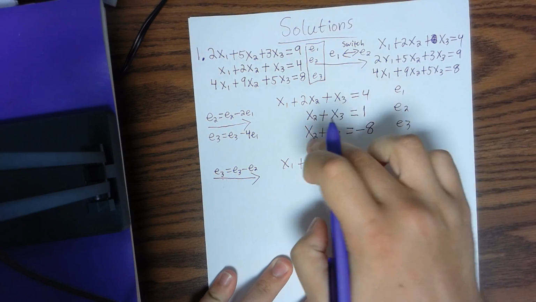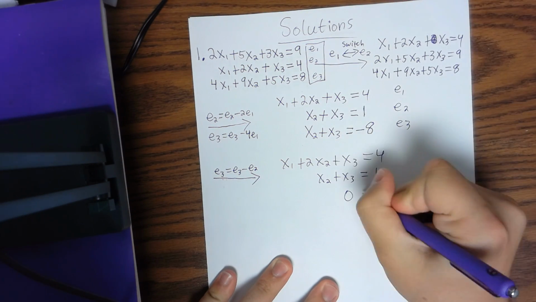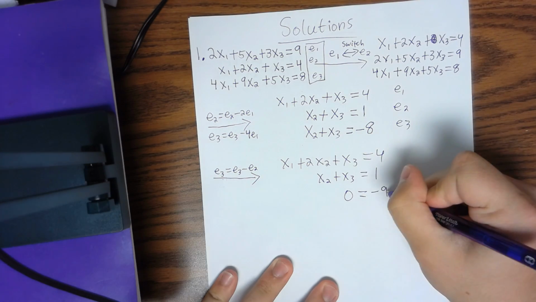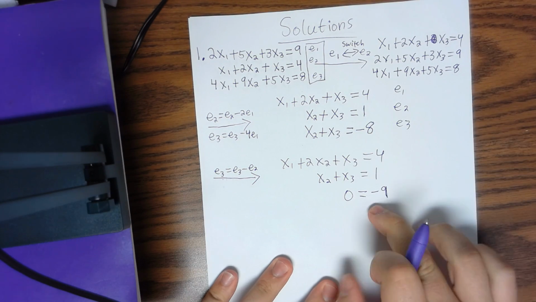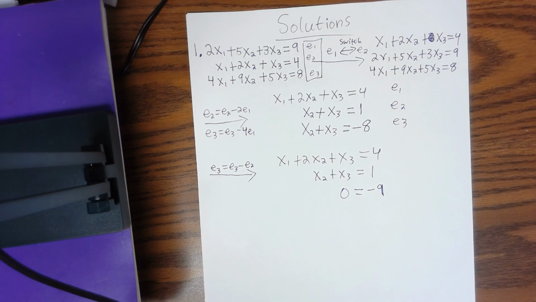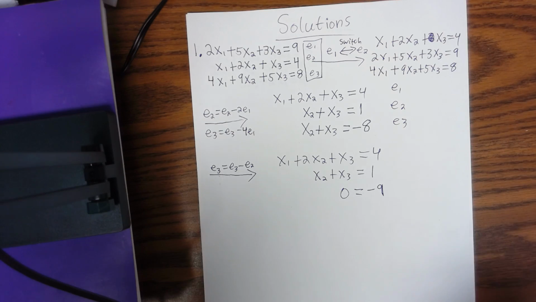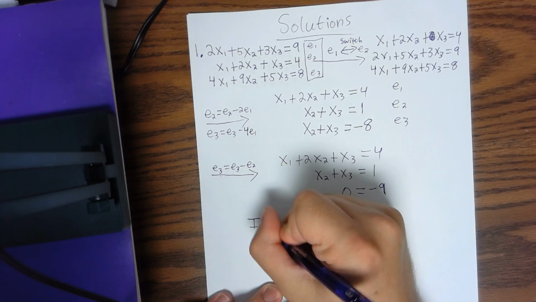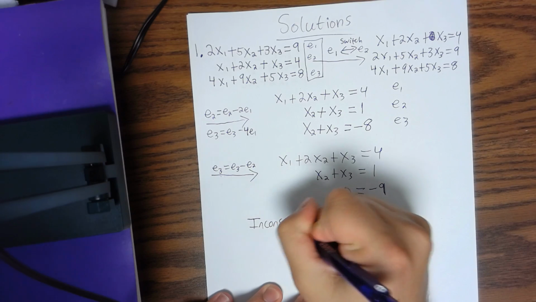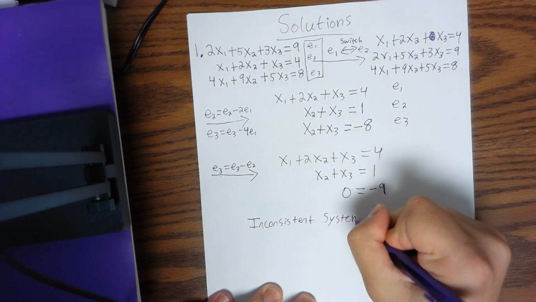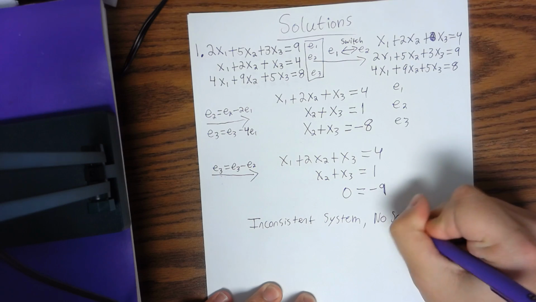And then since we subtract, we get 0 is equal to -8 minus 1 is -9. And since we have 0 is equal to -9 here, that doesn't make sense. So we have our system is inconsistent. So you can say inconsistent system. No solutions.